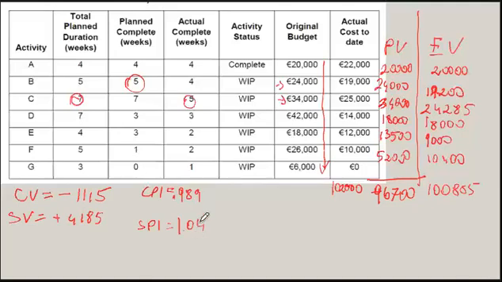And I'm just going to add the budget at completion, and then the variances you can calculate once you know the estimate of the budget at completion.